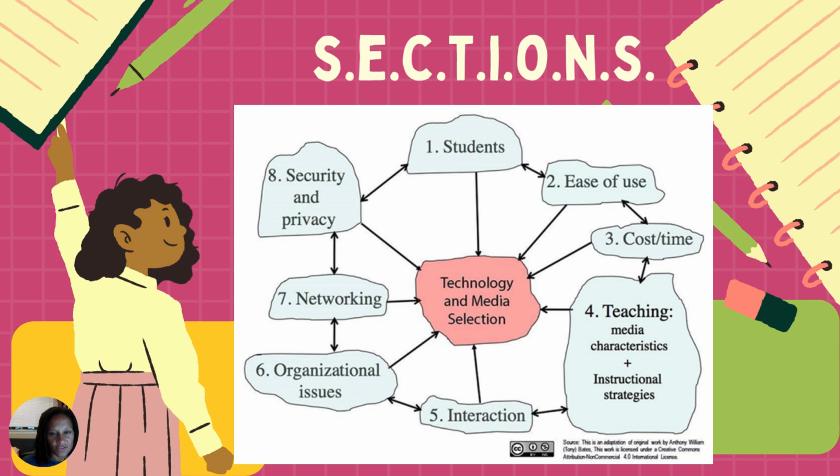And this section's framework is a revision of a previous framework. So he added the terms networking and security and privacy because those are increasingly important. Social media being used in networking to connect students with professionals in the field, and security and privacy, since we're using a lot of third party apps.